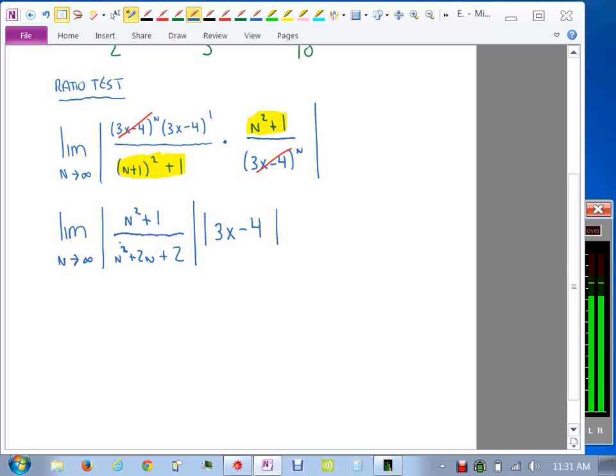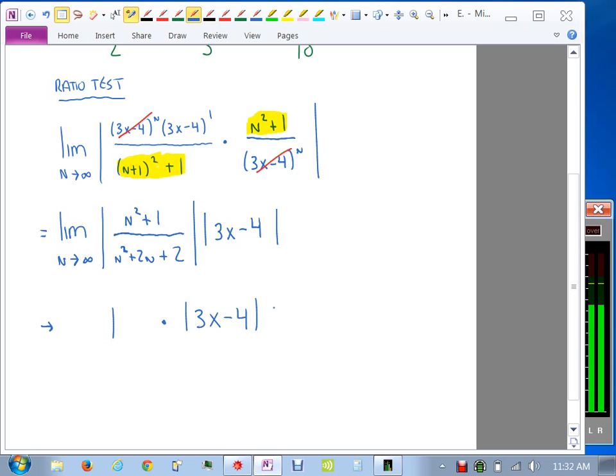Now, when we take our limit, the n is here, right? So n, we have polynomial, we have the same power. You could do L'Hopital's rule, or you could divide everything by n squared on top, bottom. What's going to be? 1. Okay, so that limit's going to be 1. So this is going to be going to 1 times what? 3x minus 4, which is not affected at all, right?